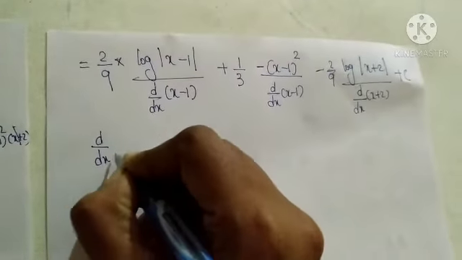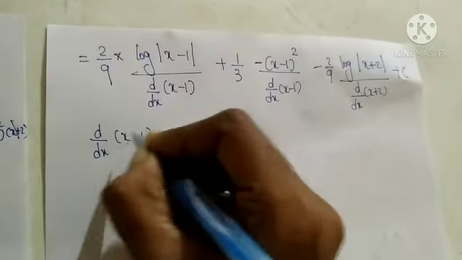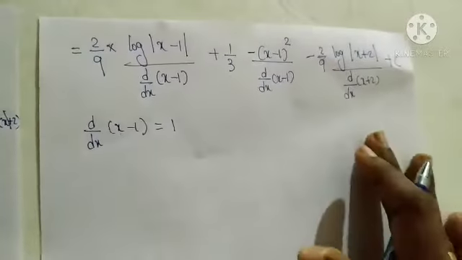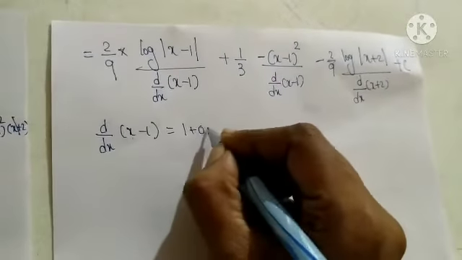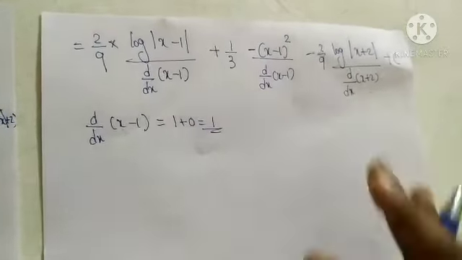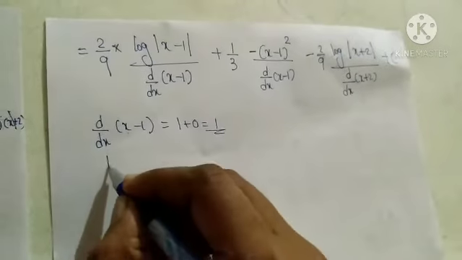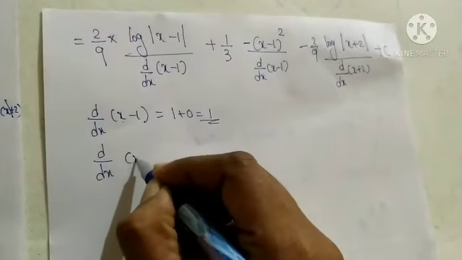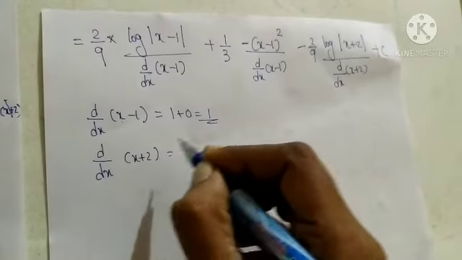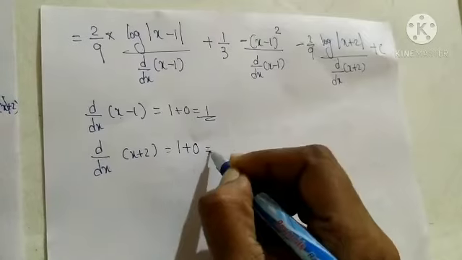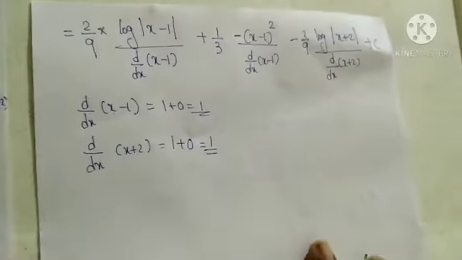The derivative of x minus 1 equals the derivative of x, which is 1, and the derivative of 1 is 0. So here we get the derivative of x minus 1 as 1, and the derivative of x plus 2: the derivative of x is 1, the derivative of 2 is 0. So here also we get the value 1.